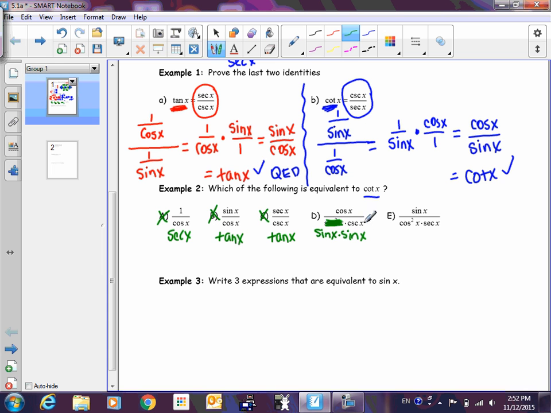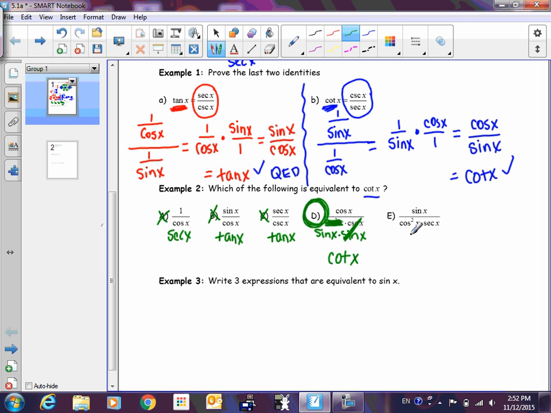And we're multiplying that to cosecant. Sine x times cosecant is a 1, so we're going to cancel them out. And look at what we have left. Cosine x over sine x. Look up at your identities. What is cosine x over sine x equal to? Cotangent. So, this is your answer.